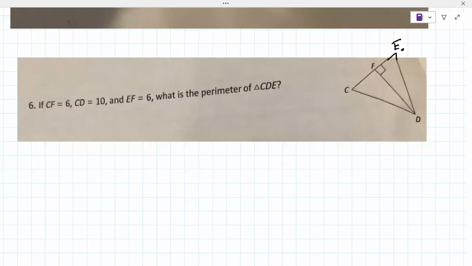Yep. 6, 10, 10. Yeah, that looks right. 6, 6, 10, 10. Okay.